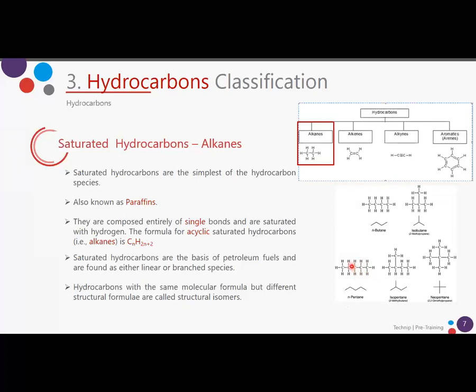And then you have the C5H12, that is the pentane. You can also have other C5H12, like isopentane or neopentane. We will see later an example of the isomers for the pentane.